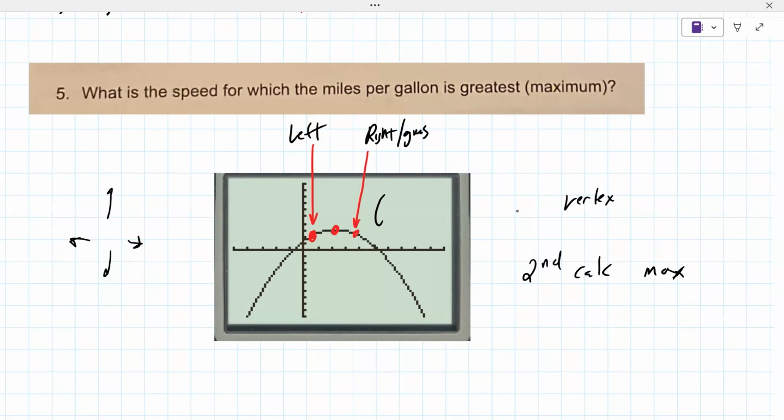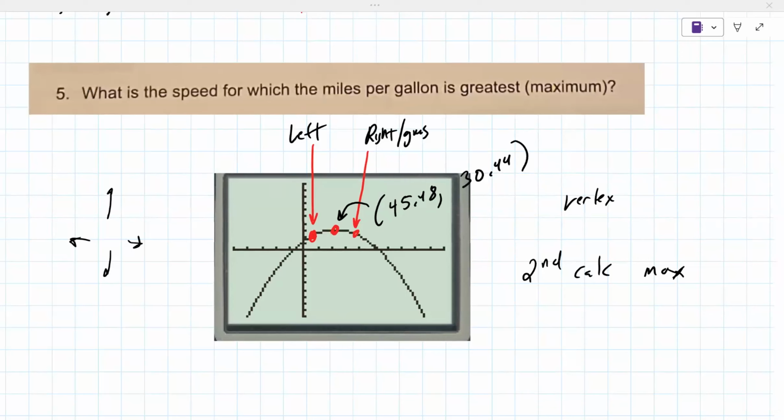We need them both for this. Okay, so I'd click second calc, maximum, left bound, go more to the left. Enter, right bound, go to the right. It's just taking forever. Guess. The x for the maximum is 45.48 and y is 30.44. Okay, all right, that's good. That's the vertex there.